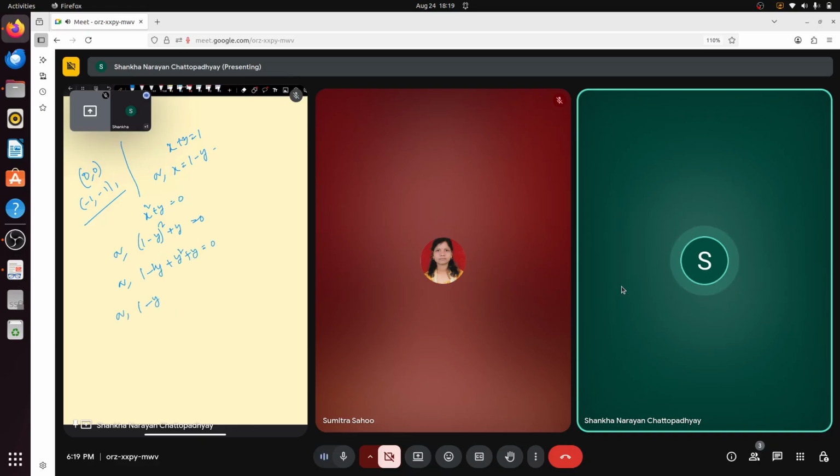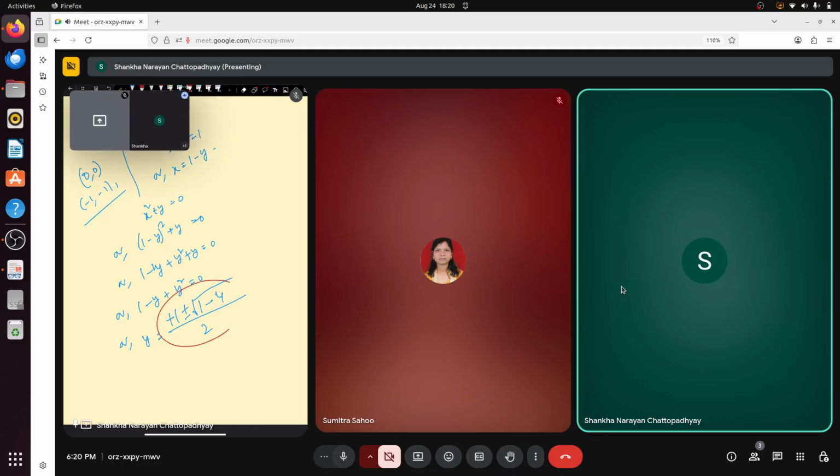So that will be 1 minus y plus y square equal to 0. Now by Sridharacharya formula, minus b plus minus square root of b square minus 4ac by 2a, you will get a complex number.